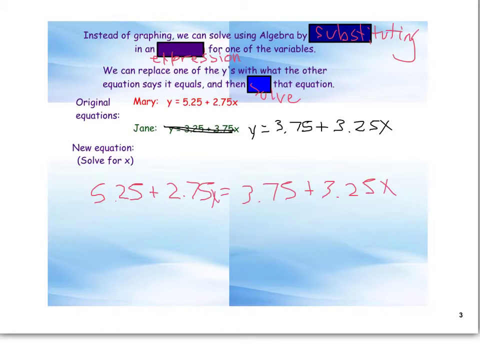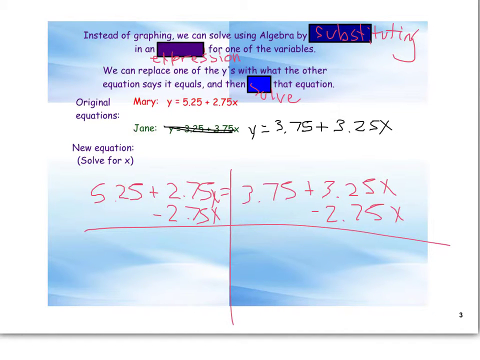So, taking a look, I see that this x is smaller, so I'm going to subtract that to the other side. And solving that, we get as an answer 0.5 or 1/2 x plus 3.75 equals, those canceled, so we have 5.25 left on the other side.